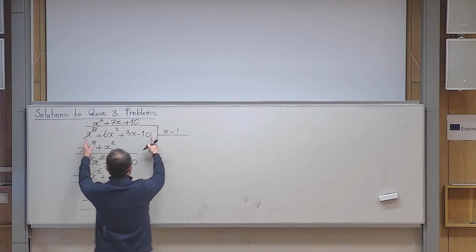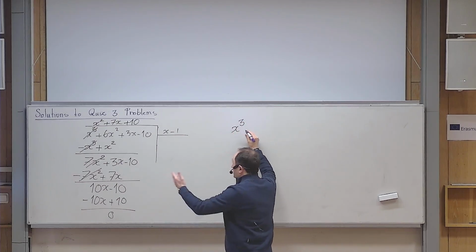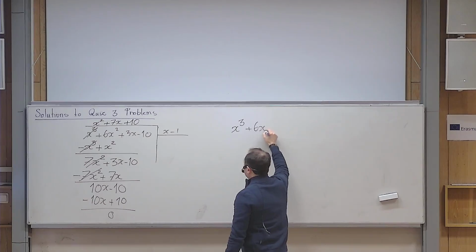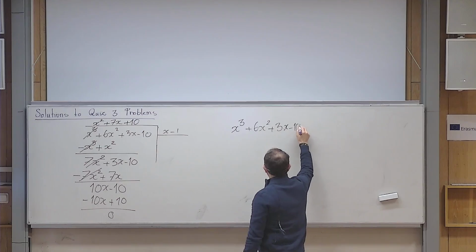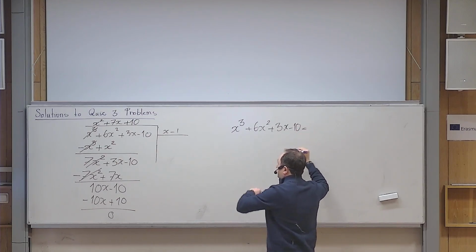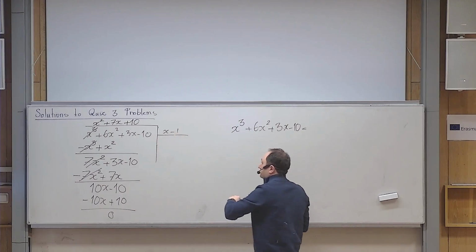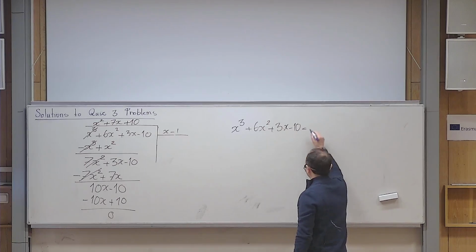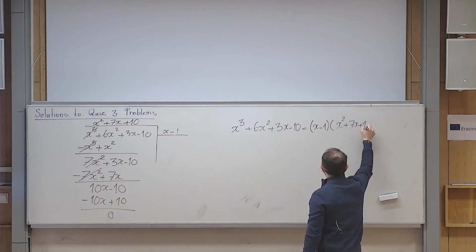This means that using the long division, I was able to factorize my original polynomial, which is, what should I write? My original polynomial is this multiplied by the quotient, because the remainder is 0. So this becomes x minus 1 times x squared plus 7x plus 10.